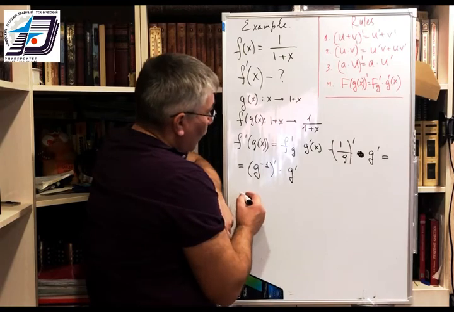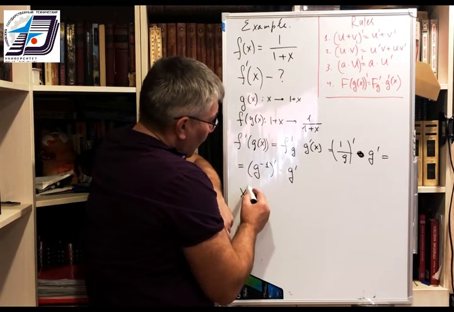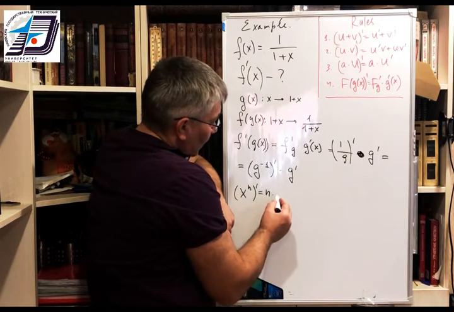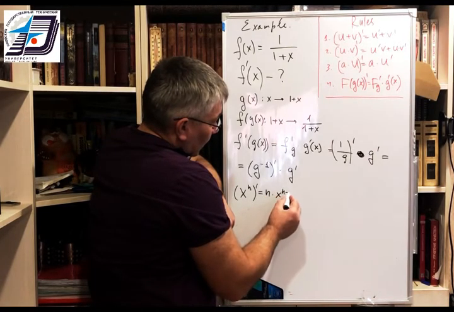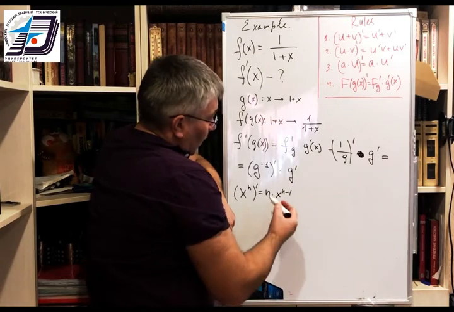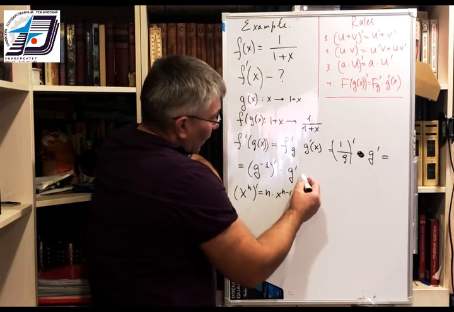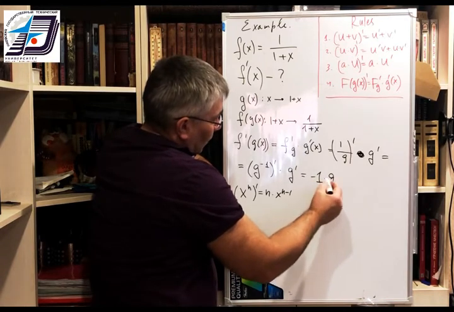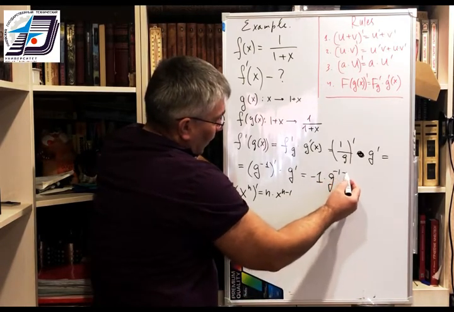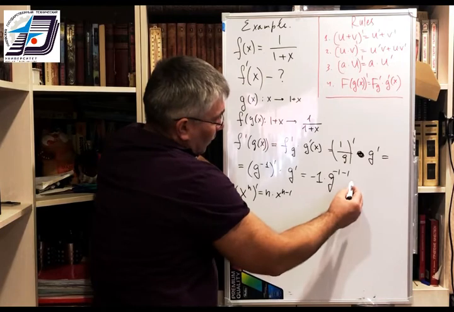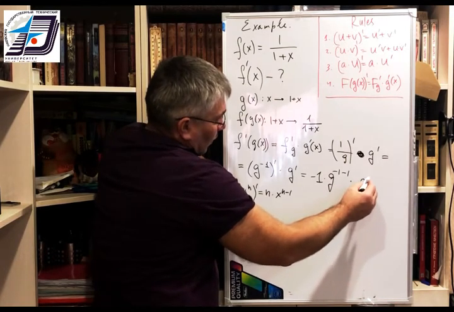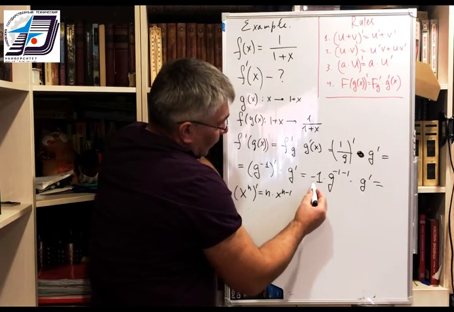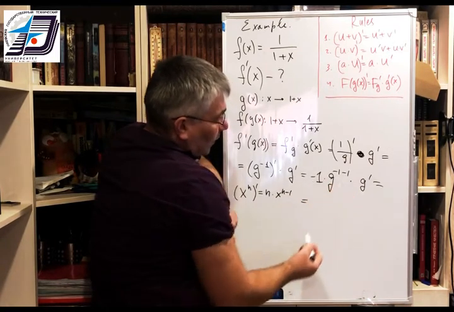You may remember the formula that a power function with power n gives you n times x to the n minus 1. So we have minus 1 here, times g to the minus 1 minus 1, which is minus 2, times g prime.